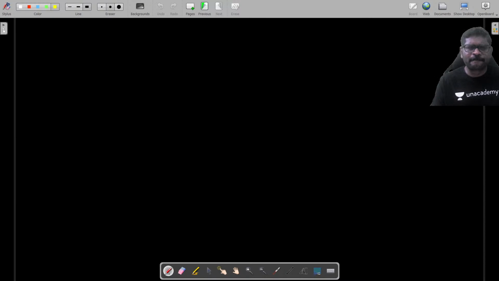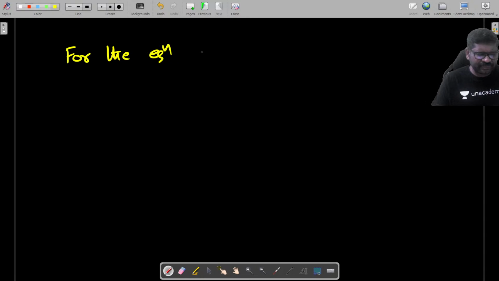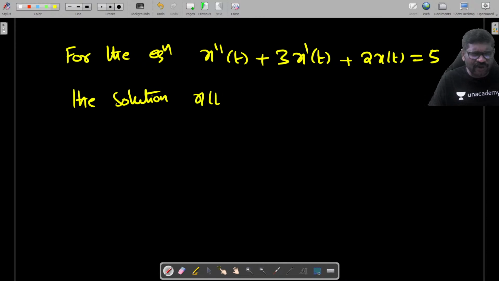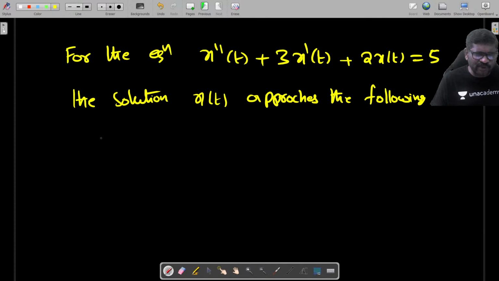Next problem. For the equation x double dash t plus 3 into x dash t plus 2 into x of t equal to 5, the solution x of t approaches the following values as t tends to infinity.